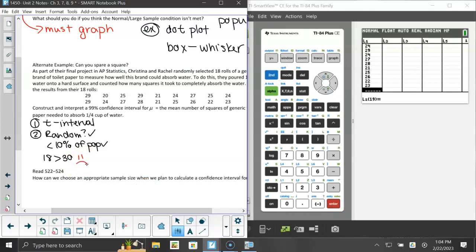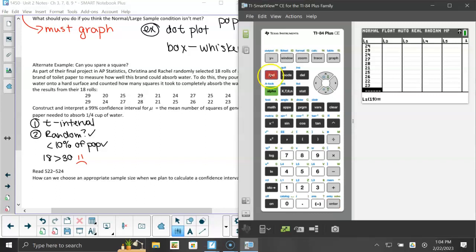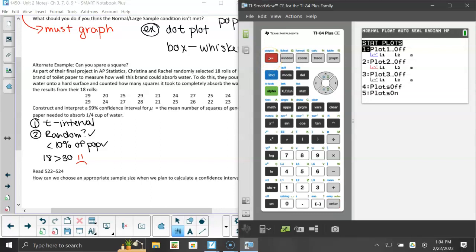Now, I'm going to show you how we deal with this. Remember, we said if it fails that, we have to graph it. Do you guys remember how to do a box and whisker plot on here? Second stat plot. I'm going to turn on number 1, and then it's going to be the box plot, and we're going to go to the 4th one, where it gives you dots for which ones it believes are outliers.